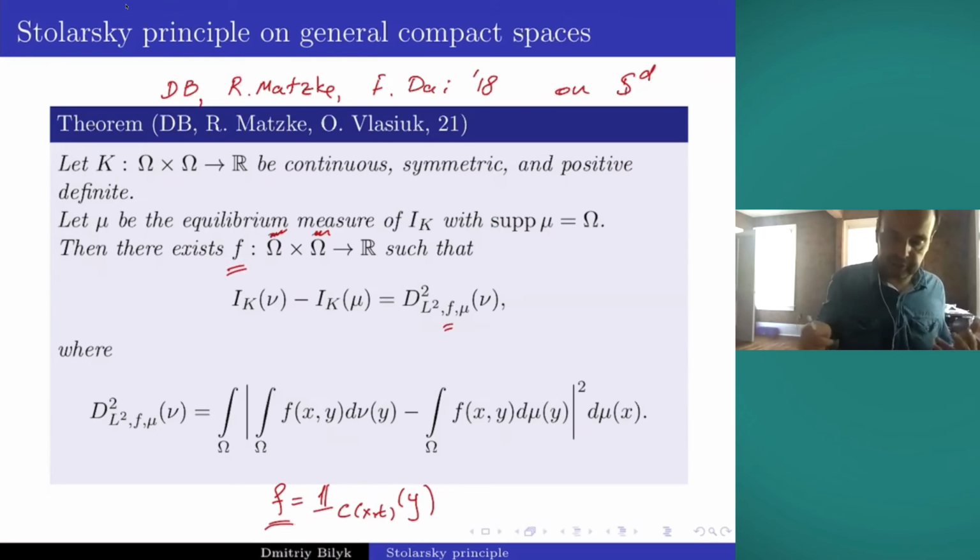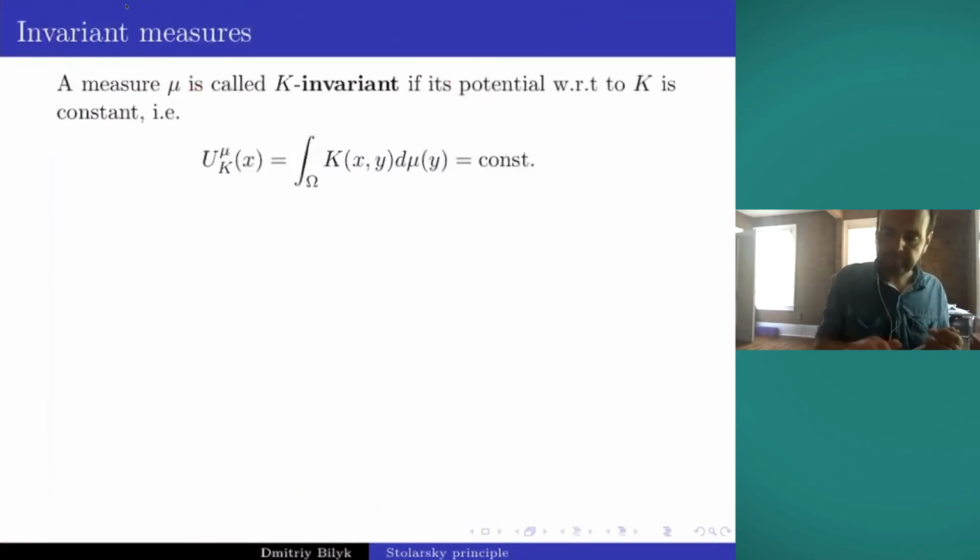A couple of things I wanted to mention: it's generally not so important that I know a priori that I'm taking the minimizer. The important property is that it's a so-called invariant measure. So in the last two minutes, I'll talk about invariant measures.